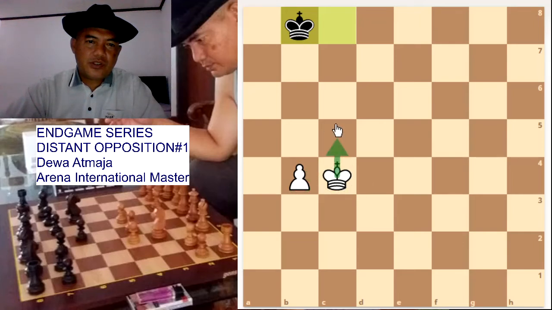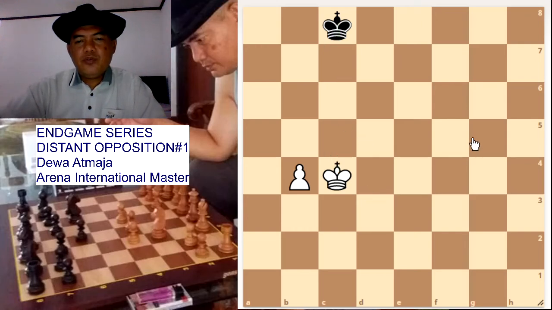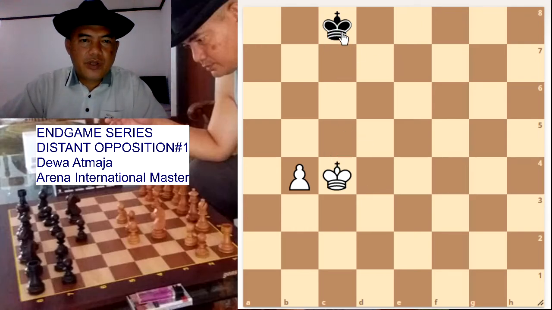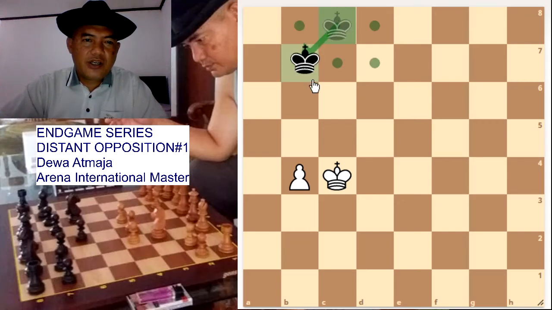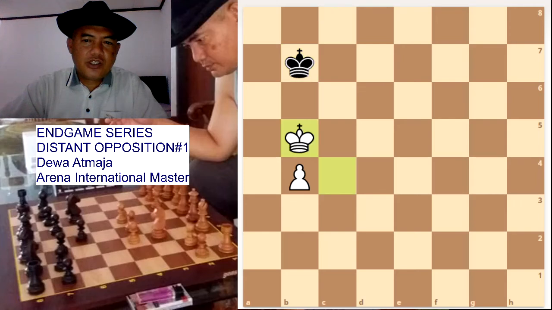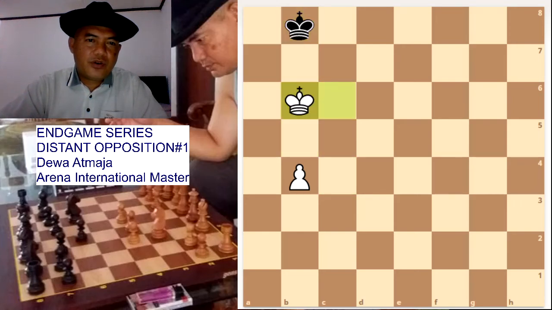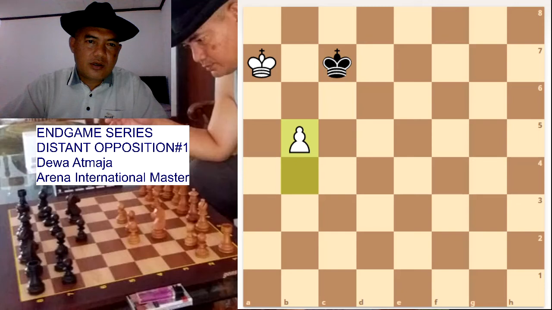If he moves to c4, then black will have the opposition. The other moves for black will lose. For example, if we go here, then white will have the opposition, and this is a win for white. You can see in my first video about the opposition or the key square.